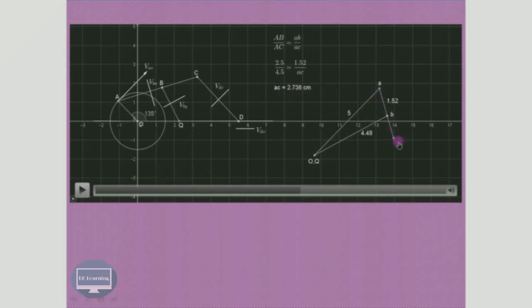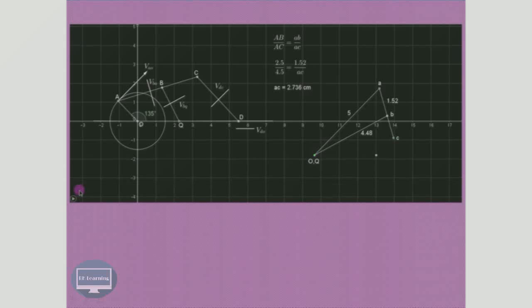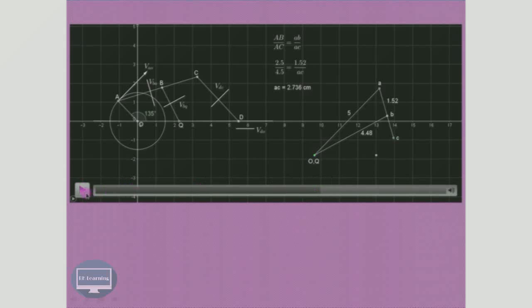Now that we have obtained this point C, we'll go to the next vector, velocity of D with respect to C. Out of this D and C, the C point is known to us. So from C, draw a line parallel to this particular line, that is BDC, as shown over here.